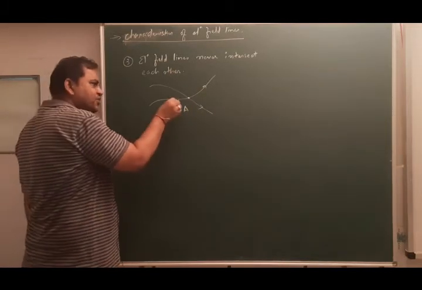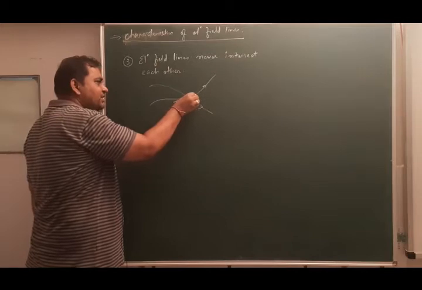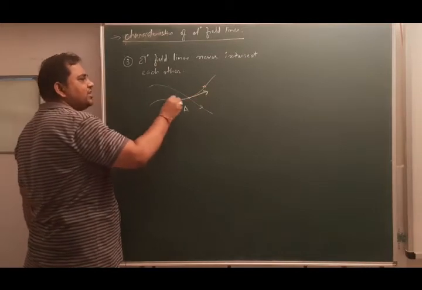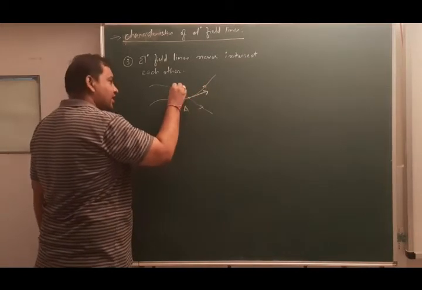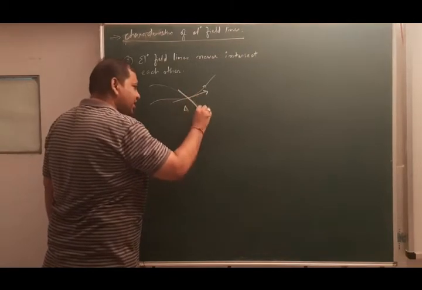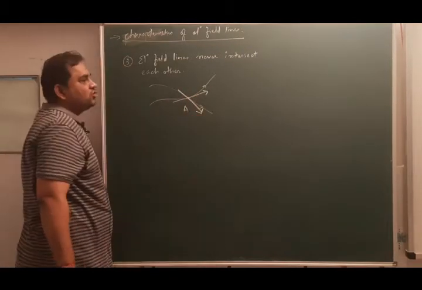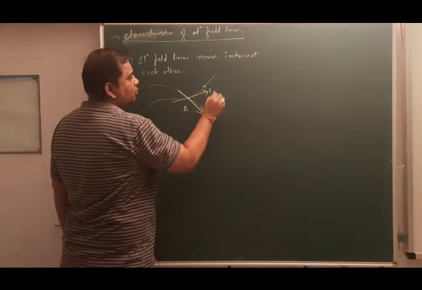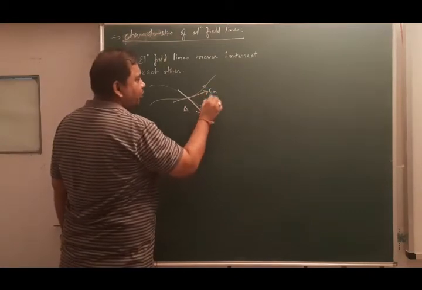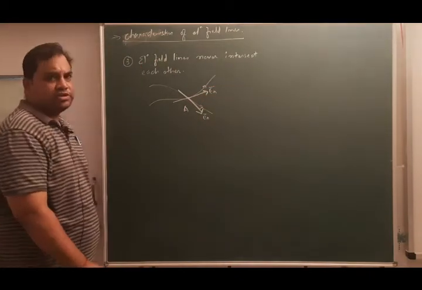There are two possibilities of tangent. One tangent is drawn considering this electric field line, and a second tangent is drawn considering this second field line. So possibly you will have two directions of electric field at the same point, and that is not possible.